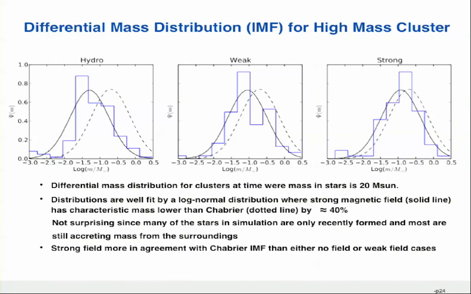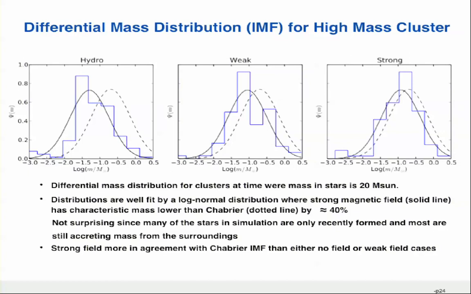So now, let's look at the IMF. This is not just hydro; this is the complete radiation hydro case with outflows and no magnetic fields, the weak field case with outflows, magnetic fields, radiative feedback, everything else, and the strong field case. We're looking at the differential mass distribution for clusters at a time when the mass gathered in stars is about 20 solar masses.